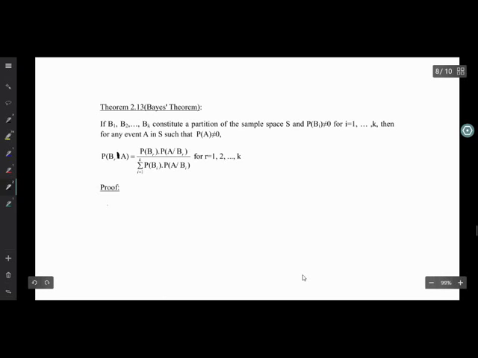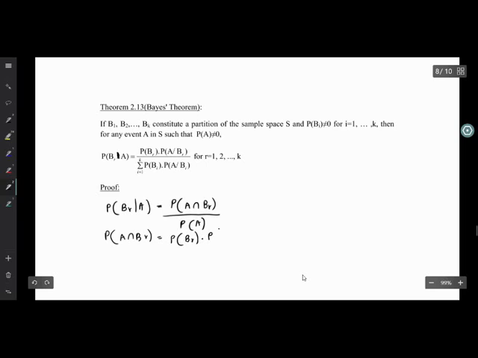Okay, so I'll show you how you get this in the proof. The probability of Br, a partition, given A. According to the conditional probability, this is P(A intersection Br) divided by P(A). So you can write P(A intersection Br) by multiplying both sides.